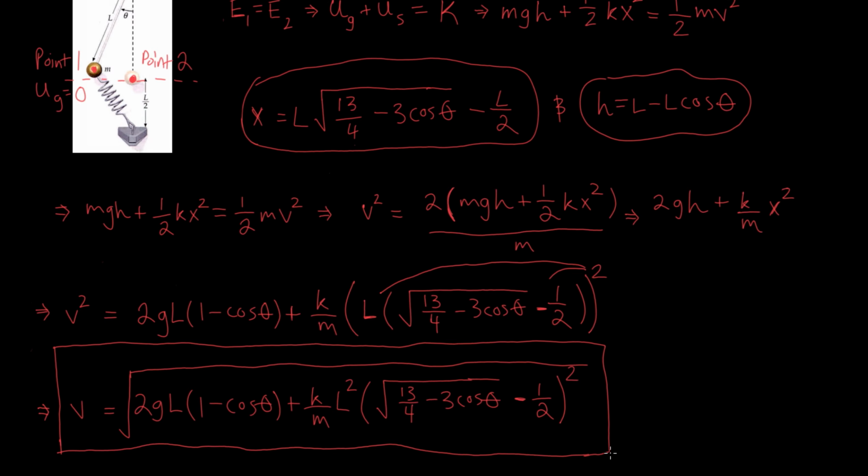So this entire expression is just the expression for the speed of the pendulum bob when we pull it back to an angle of theta, and then release it and it goes through its equilibrium position. This expression is just the value of the speed in terms of our given variables.